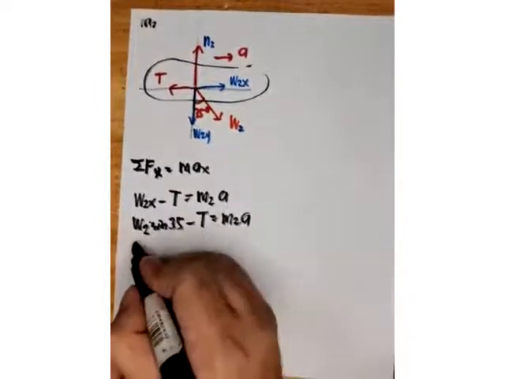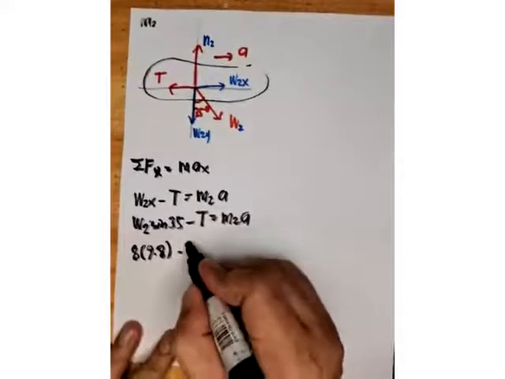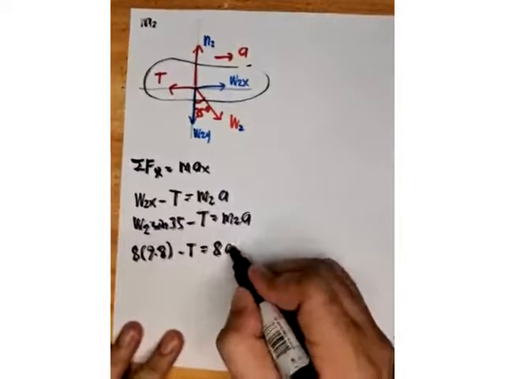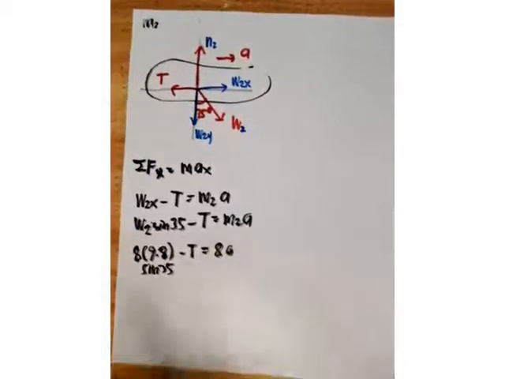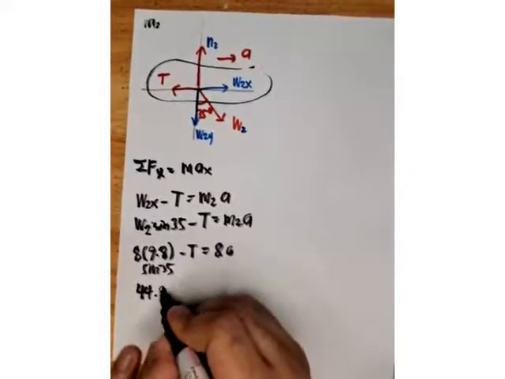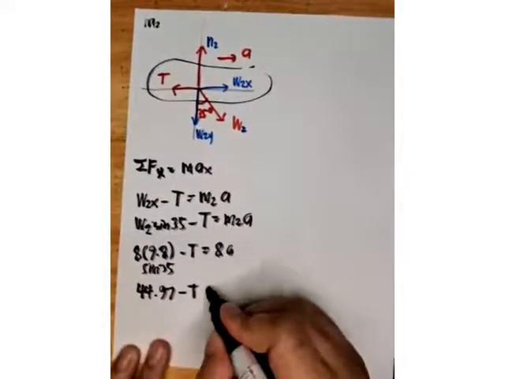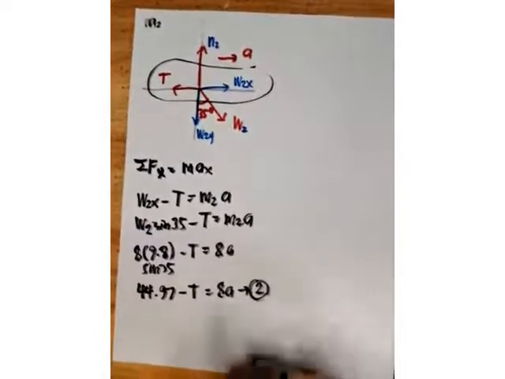So 8 times 9.8 times sine 35, that is 44.97, minus T is equal to 8A. So this is our second equation.